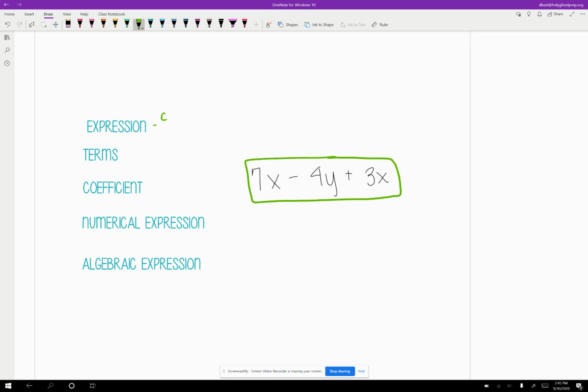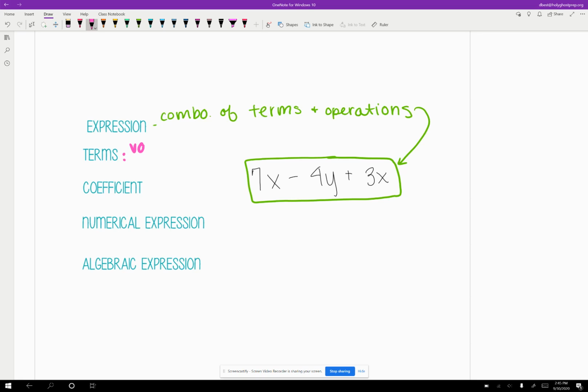It's the combination of terms and operations. So it's the whole thing, everything that's being added and subtracted. So the terms and operations. The next vocab we have are the terms.